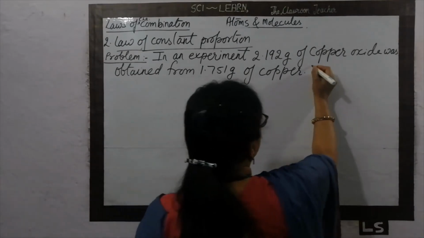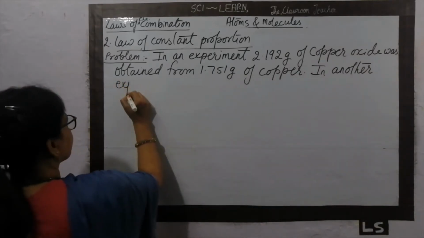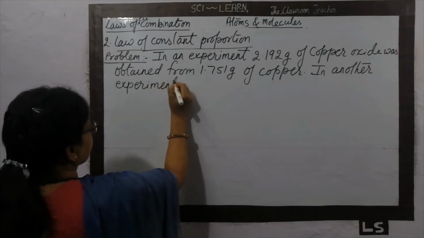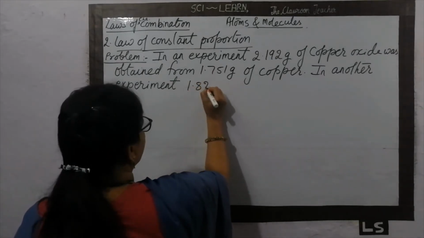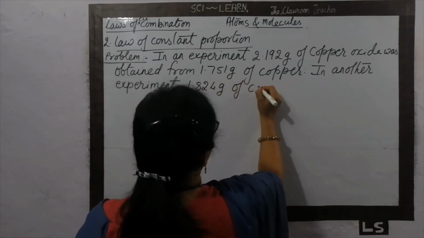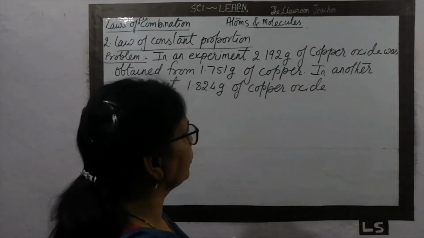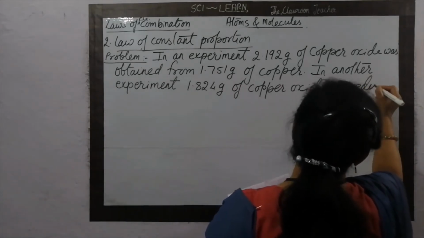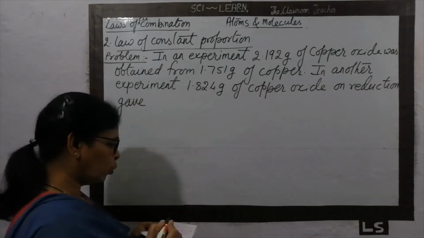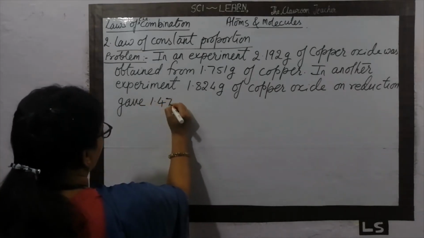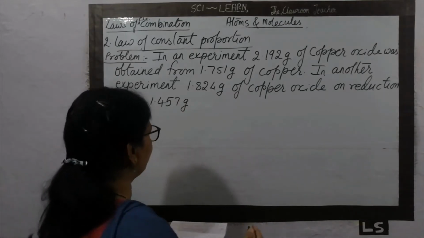In another experiment, 1.824 gram of copper oxide on reduction gave 1.457 gram of copper.